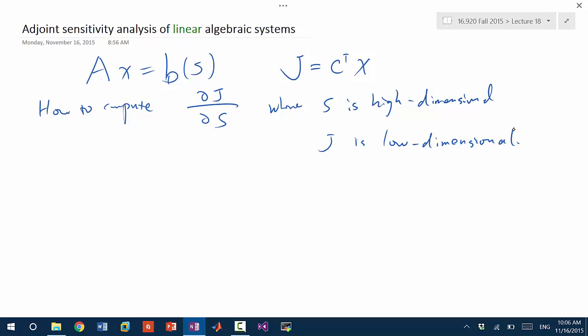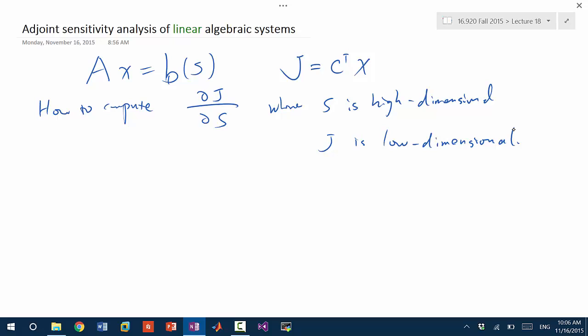But in design applications, it is usually S is high dimensional and J is low dimensional. So how do you compute this sensitivity derivative, also known as design derivative, without having to solve the differential equation, or having to solve this huge linear system, many times?